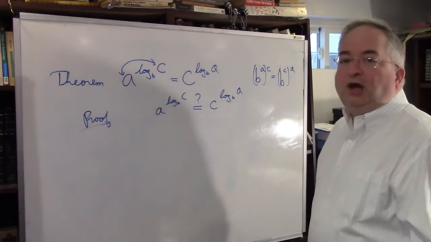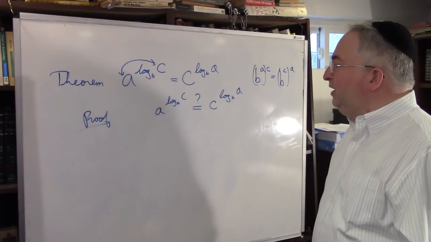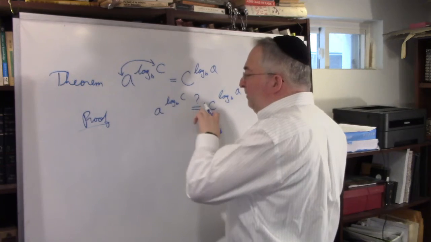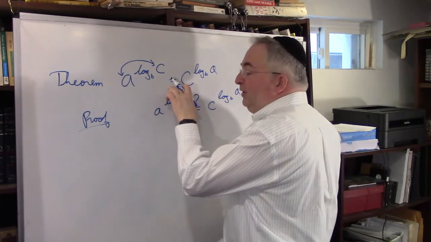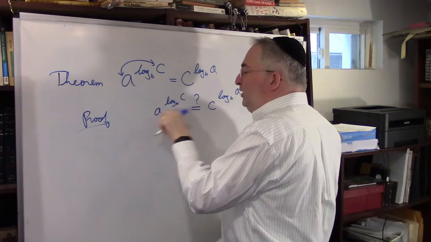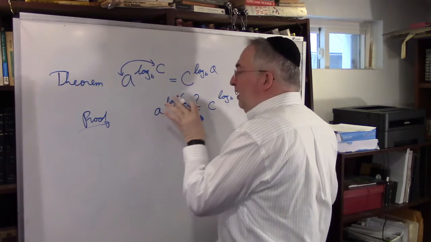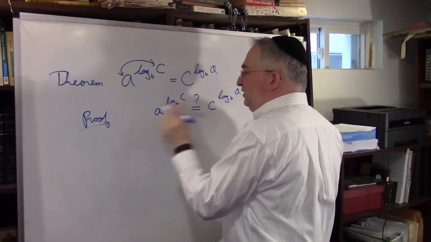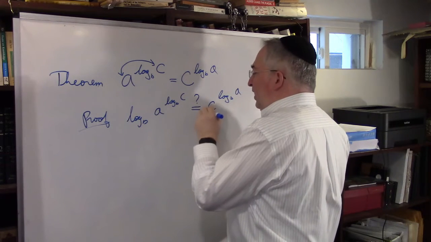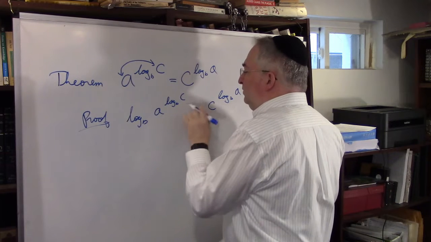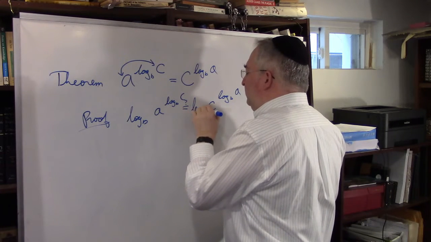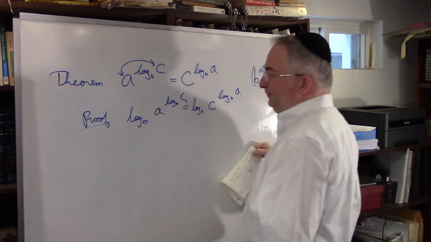But let's take logarithms base b of both sides. Okay, we'll see what happens. I want to prove that they're equal, but I'm not sure if they're equal. So I'm going to do one operation to these two numbers, the same operation to this and to this. I get log base b of a, and here, question mark, log base b of this.